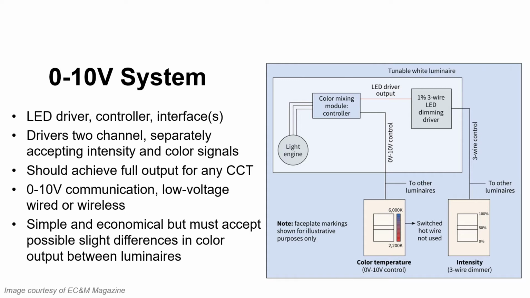The controller ensures that CCT can be adjusted while maintaining light level. This basic system is relatively simple and economical as an approach to white light tuning, though 0-10 volt is not standardized and as a result it's not very precise. This can produce slight differences in color output between luminaires sharing a space.